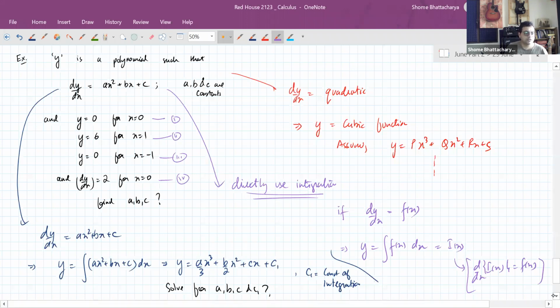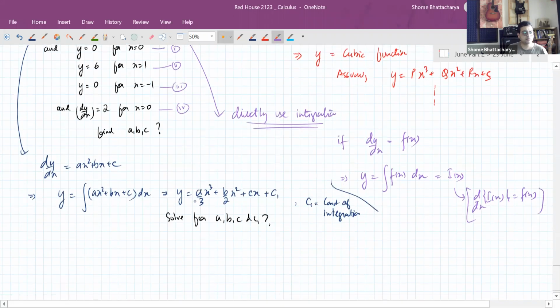Okay. So if we substitute each of these conditions in this given term now, so we can see, for example, from condition 1, we'll get that y is equal to 0 when x is 0.